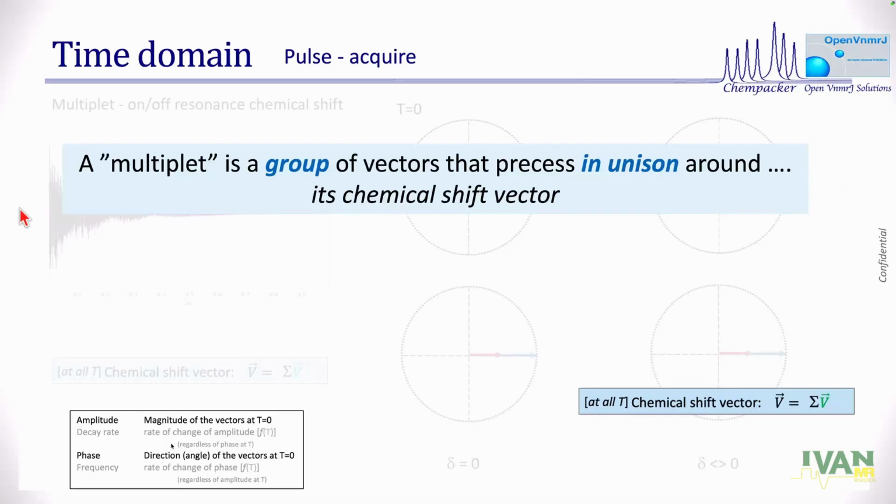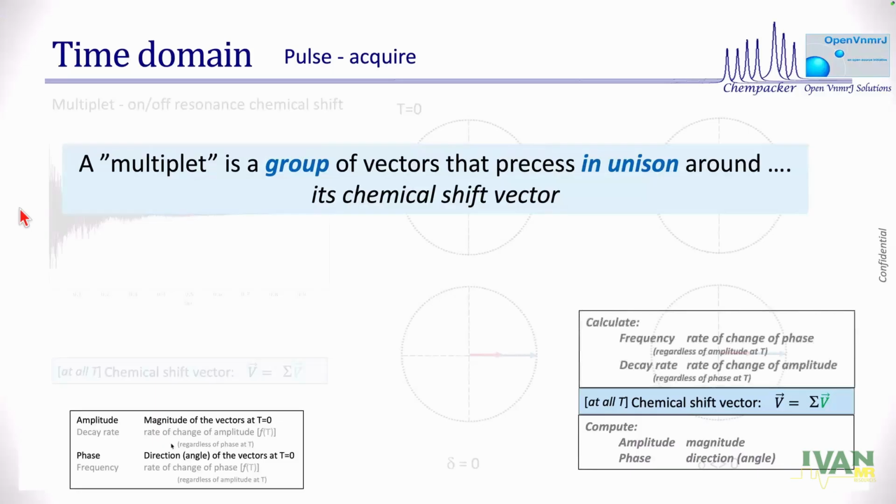And so, if I have that, why not? I can compute the amplitude of the chemical shift vector if I know the amplitude of all the vectors that contribute to that chemical shift. And the same thing is true with phase. That's simply from the Pythagorean theorem, extensions of the Pythagorean theorem, which probably predates Pythagoras to Babylonian time, from what I hear. In modern time, that's taught in 8th grade mathematics.